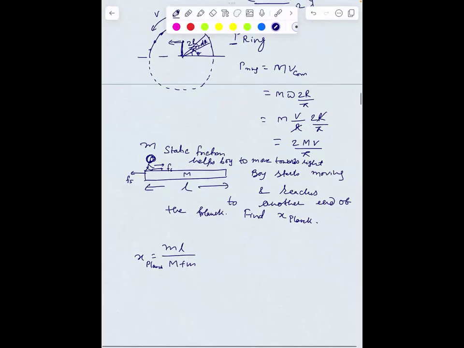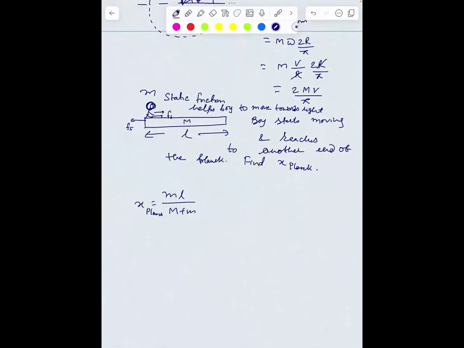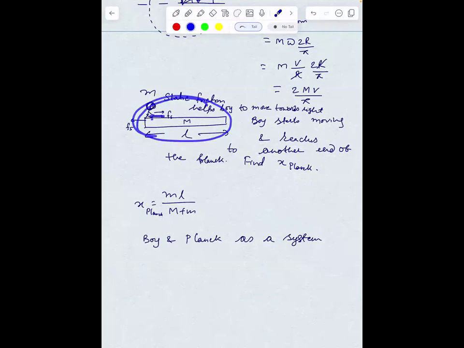Now let us suppose I am taking the boy as a system or the plank as a system: friction will be the external force acting on the system. But if I am taking the boy and plank as a system, can I say that friction becomes an internal force now? Yes. If I'm taking the whole as a system, the friction between the boy and plank, which is acting equal and opposite, becomes the internal force.